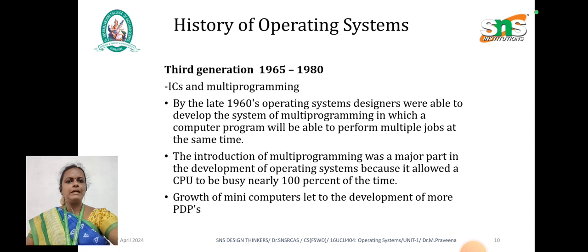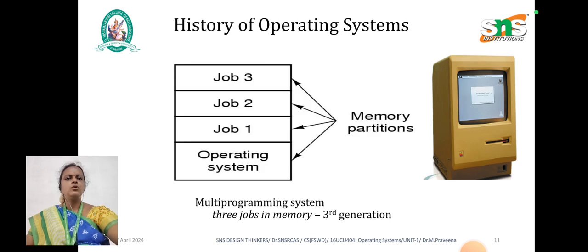The introduction of multi-programming was a major part of the development of operating systems because it allowed the CPU to be busy nearly 100% of the time. The growth of minicomputers also led to the development of more PDPs. In the history of operating systems here we have job 1, job 2, job 3. Many jobs can be done at a particular time; that is called a multi-programming system. In our example, 3 jobs are performed with the help of the operating system.